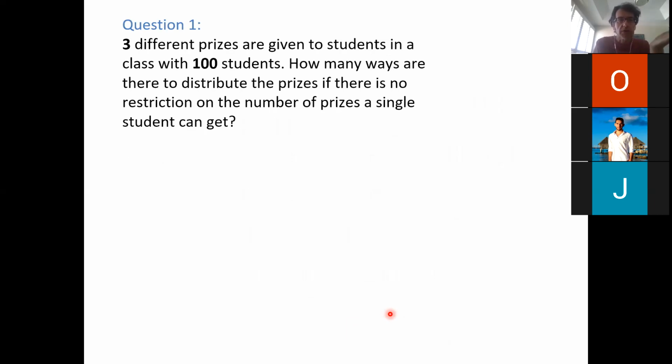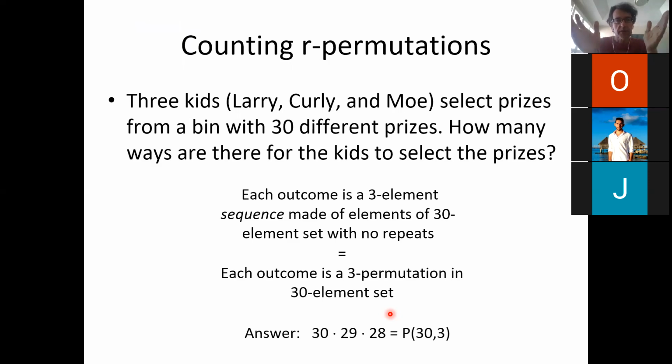So this was the question. What if there is no restriction on the number of prizes a single student gets? Okay, so you have 3 prizes and 100 students. So we're flipping it. In the example before, there were 3 kids drawing from 30 prizes.